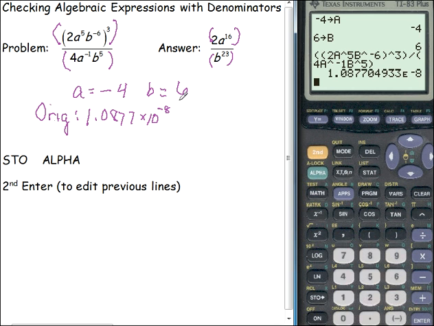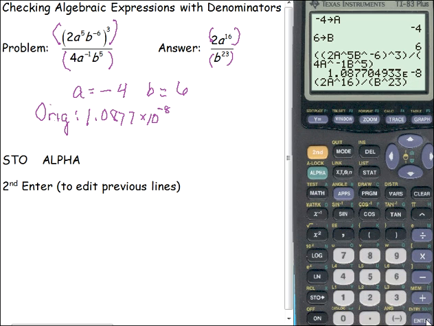All right, and let's now enter the answer that we got, and if we get the same value, we're happy. All right, so the answer was, open parentheses, 2 alpha a raised to the 16, close parentheses, divided by, open parentheses, b, which is alpha apps, raised to the 23.